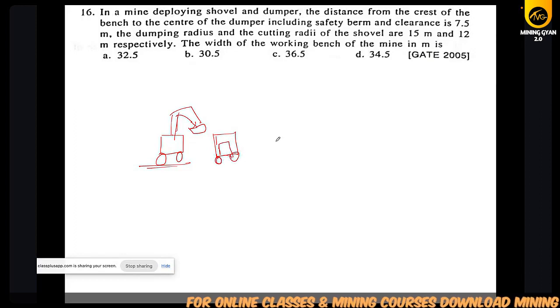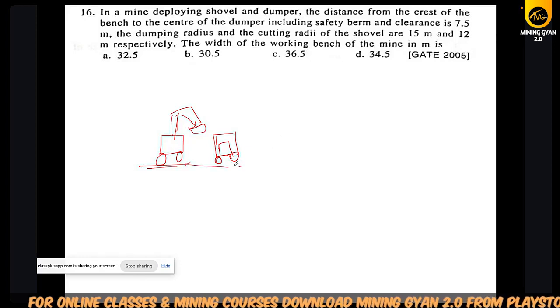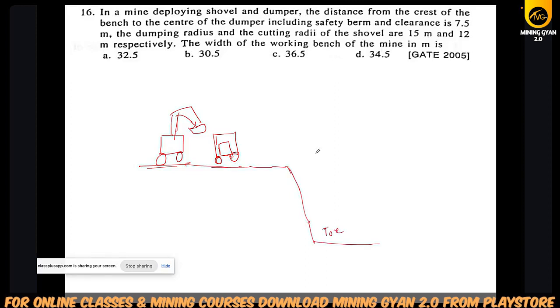This is the front view. This is the toe, and this is the crest. From this crest we put some berm, so our vehicle will not fall down.